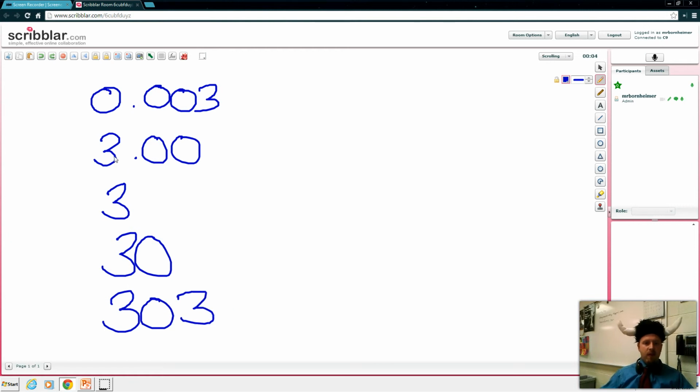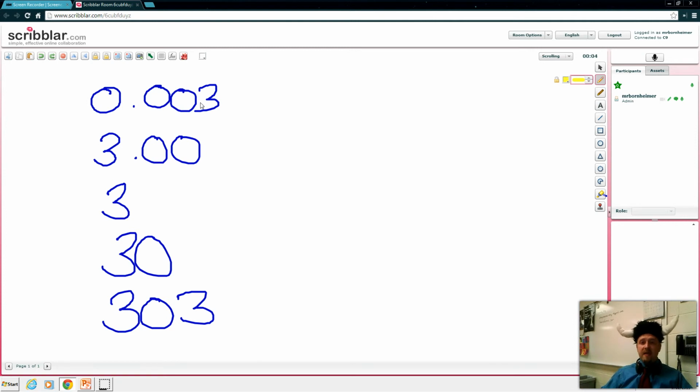There's a lot of varieties of numbers here, obviously all dealing with threes and zeros. I'm going to go through and tell you which ones here are significant, so we're going to grab the highlighter and pick a color.